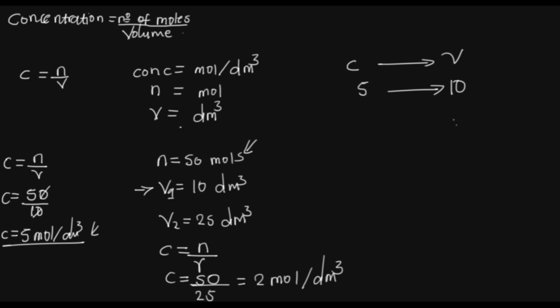But when the volume increases from 10 to 25, the concentration reduced to 2. So as the volume was increasing, the concentration is decreasing. That is what it means by inversely proportional. Therefore, concentration is inversely proportional to volume.